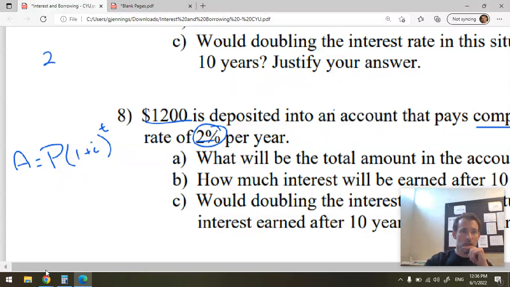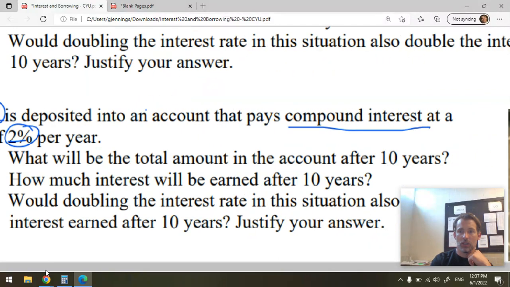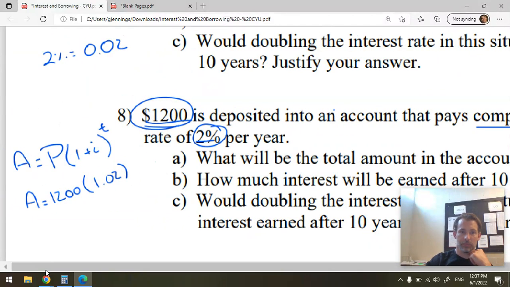So 2% is equal to 0.02. Okay, so 1 plus that, so the amount that's going to be in the account is going to be equal to the principal, which is $1,200 right there, multiplied by 1.02 raised to the power 10 years.